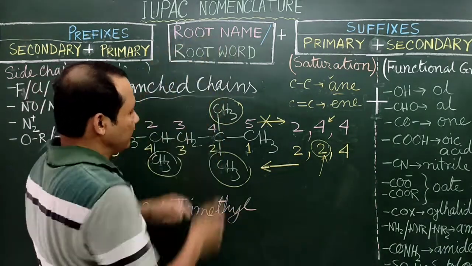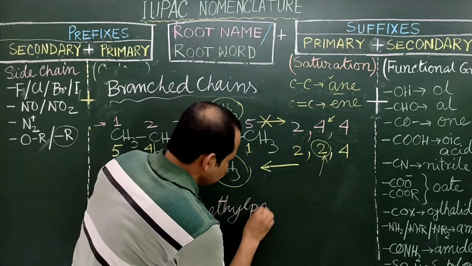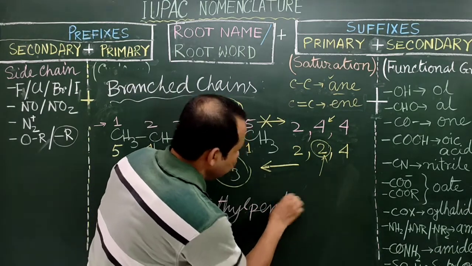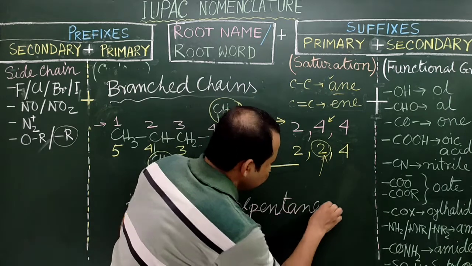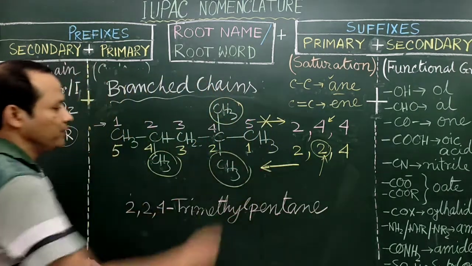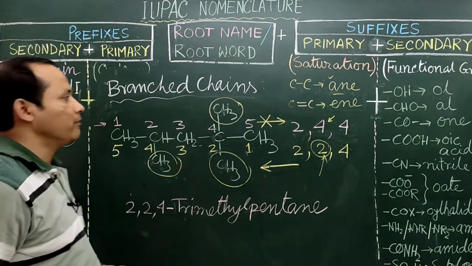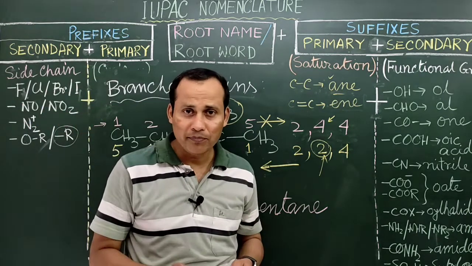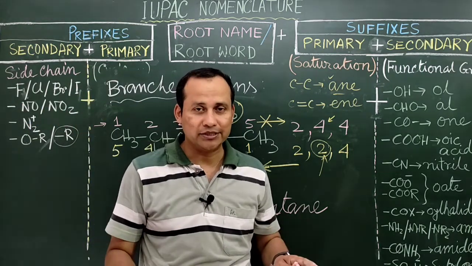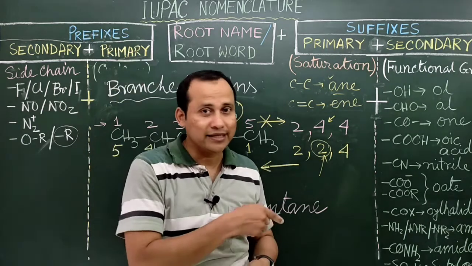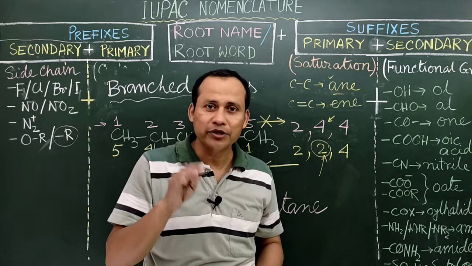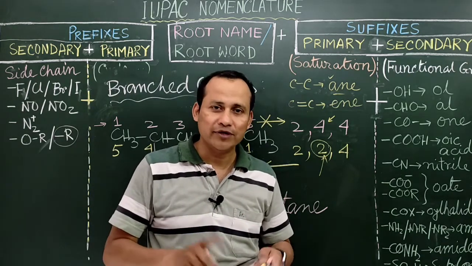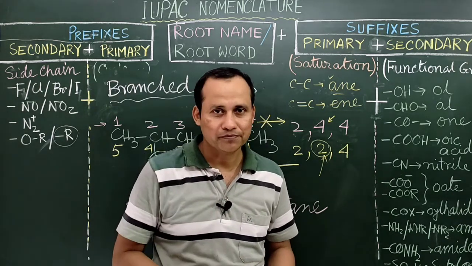The root name is pent, and since it is saturated it ends with ane, so this will be the name of this compound. I hope you understood up to this, and if you are understanding this, then you are on the right way. Stay with this, one by one everything will become clear to you.